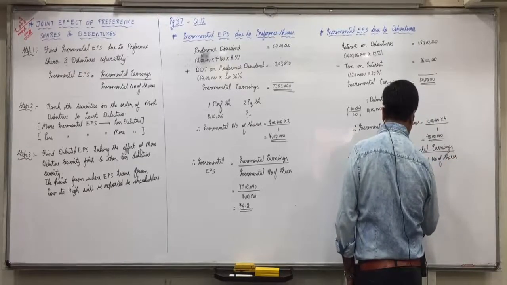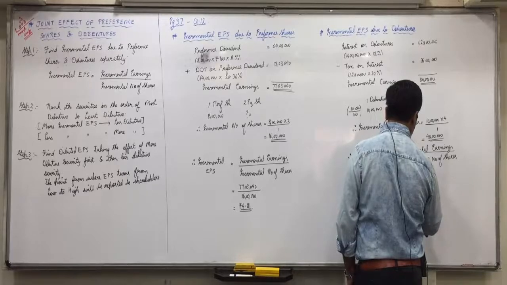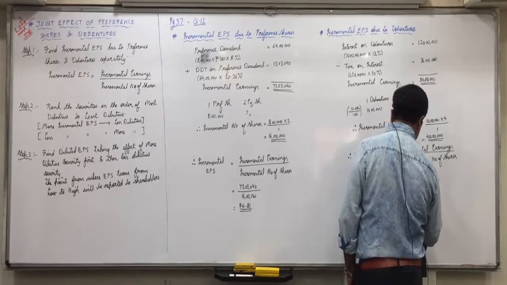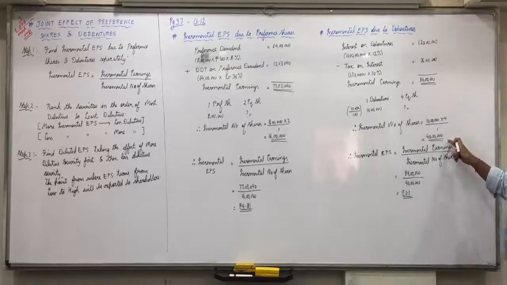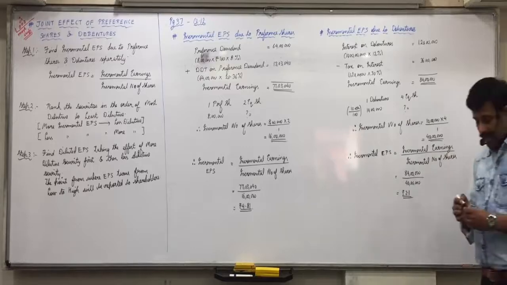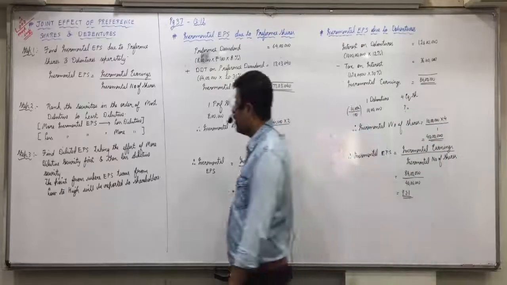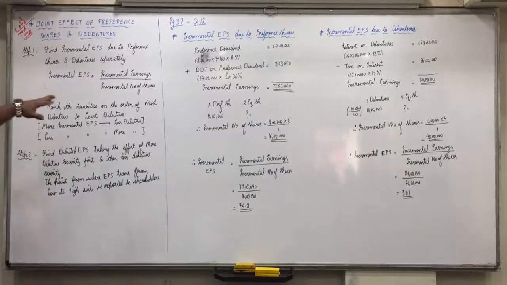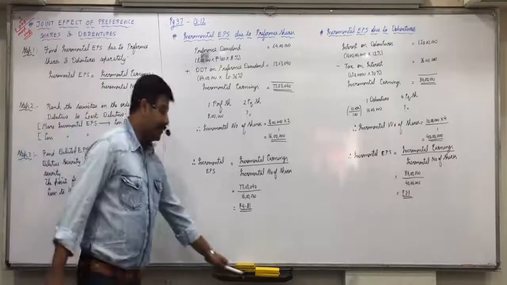Incremental earnings 84 lakhs upon incremental number of shares 40 lakhs, rupees 2.1. So first step is done. Anyone who did not understand how to find the incremental EPS due to preference shares and debentures separately? Are all clear with this? Raise your hand who is still writing up till here.